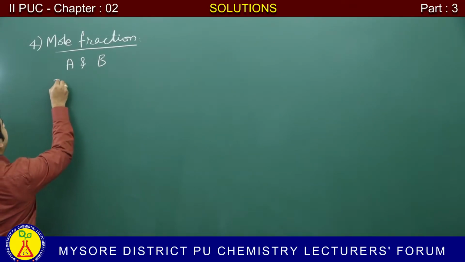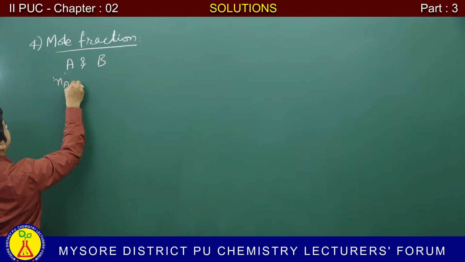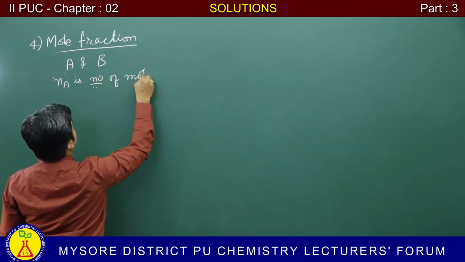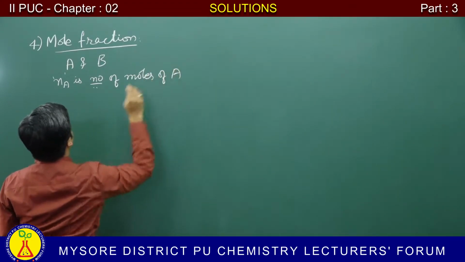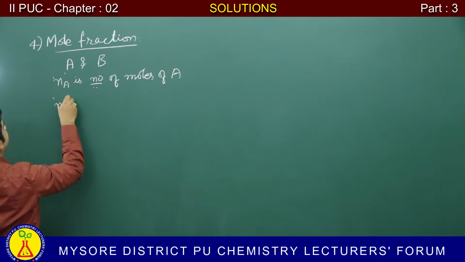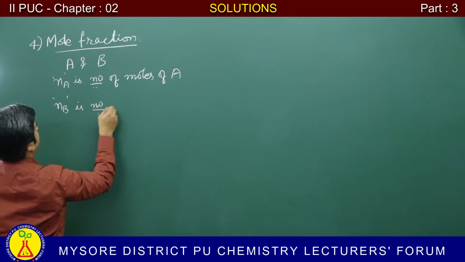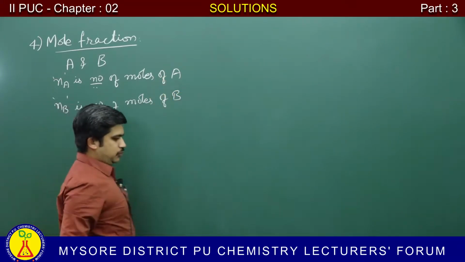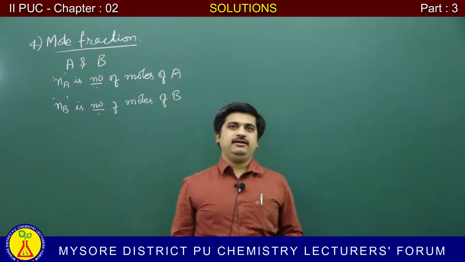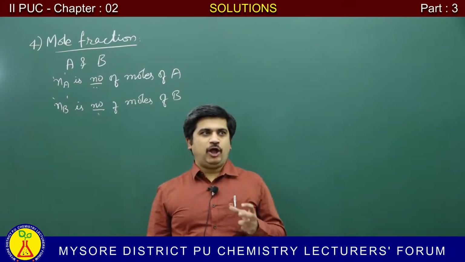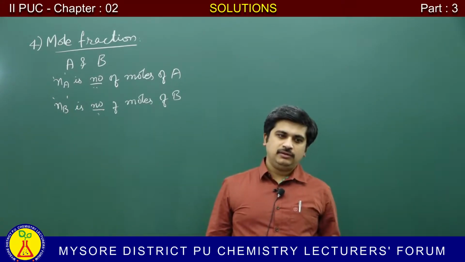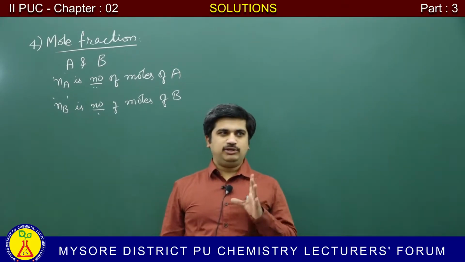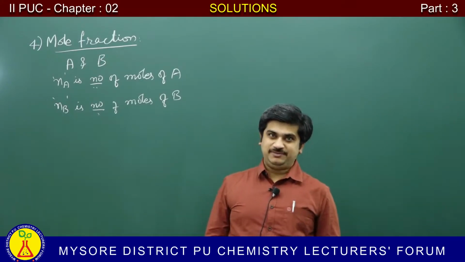NA is the number of moles of A and NB is the number of moles of B. So there is a solution which is made by mixing component A and component B. How much of A is present? NA moles of A is present, and how much of B is present? NB moles of B is present.